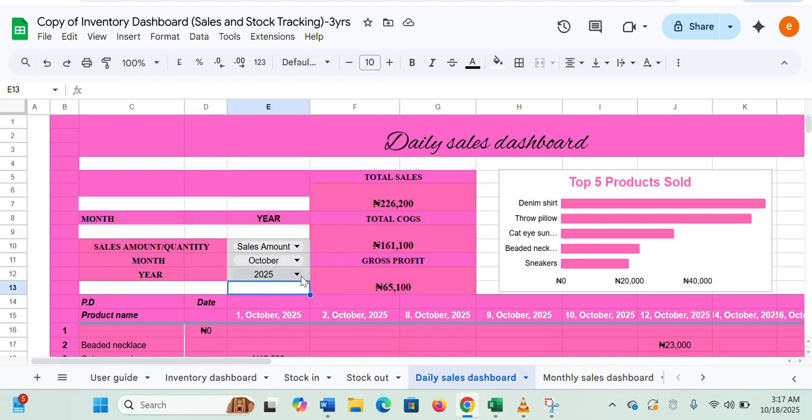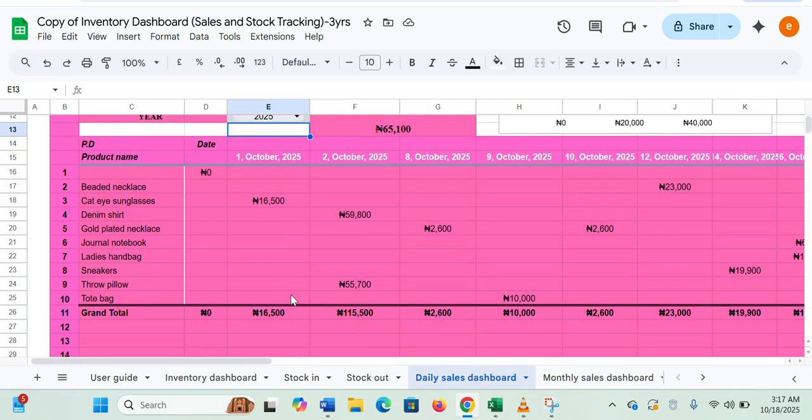But now you want to link into your sales for October 2025. Now, it shows you all the products. These are all the products you sold in the month of October. So it shows you that, oh, on the 1st of October, you only sold cat eye sunglasses. I hope that you understand that. And on the 2nd of October, it tells you that, oh, you sold both denim shirts and throw pillow.